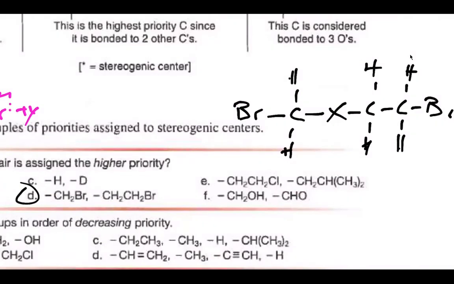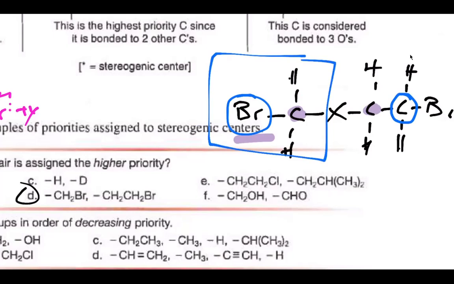Yes. When we look at the carbon on either side of that chiral center, it's the same atom. Is that right? Yes. Okay, so what's the next atom on this side? Bromine. And what's the next atom on this side? Another carbon. So which side is higher in priority? Oh, the bromine. This side. Are you following? Okay, that makes sense. I get it.